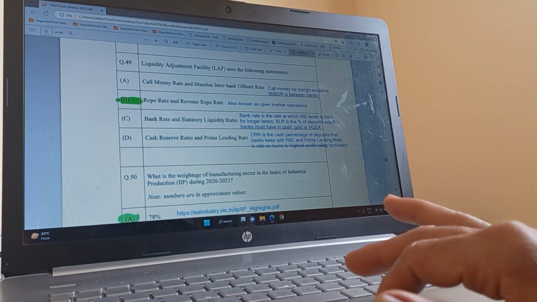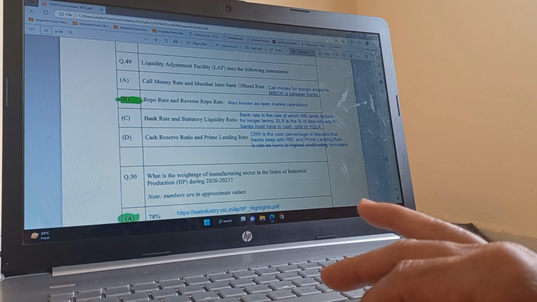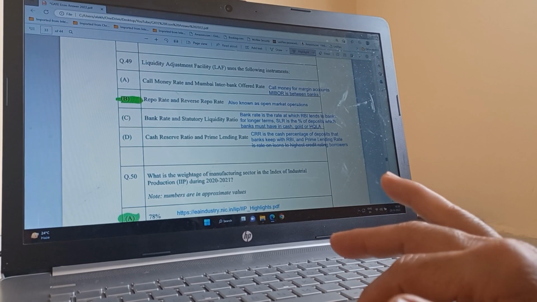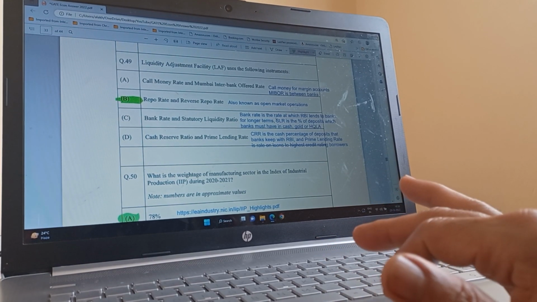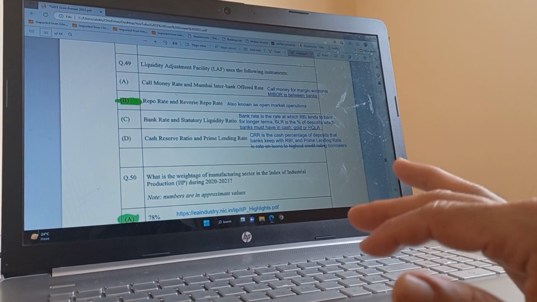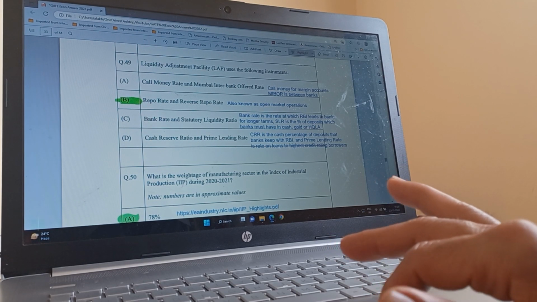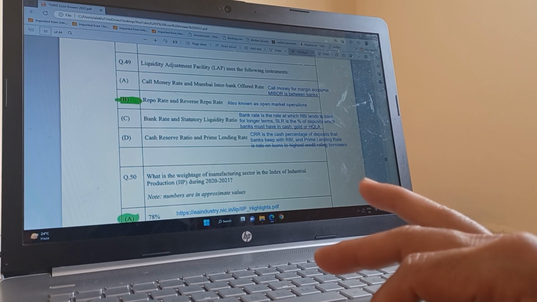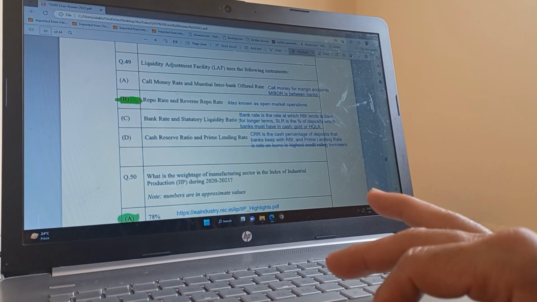And SLR is the percentage of demand deposits which banks must have in cash, gold, or high quality liquid assets. So this is a legal requirement, and bank rate, though it increases money supply, is for the longer term. It is not for liquidity adjustment facility. Okay, so that way this answer is not correct, and definitely this SLR is not correct because it reduces the money supply. So it reduces liquidity.